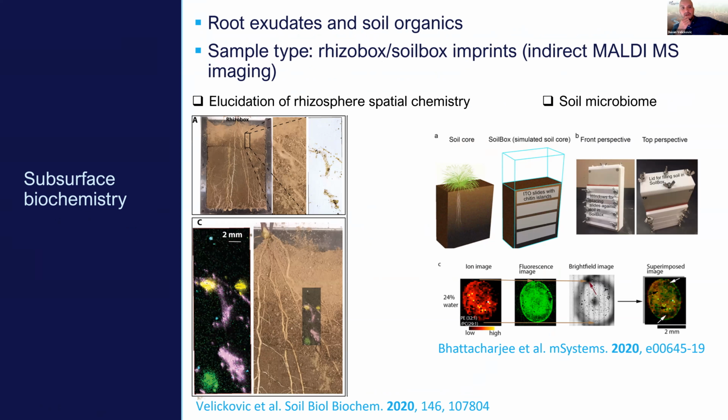Yes, good question, really. In this particular example, I believe we did a blot for about 24 hours. It was a blotting of this membrane onto the rhizobox to transfer molecules onto it. But just note that our coverage here was not great; we were able to see maybe around 50 different compounds.